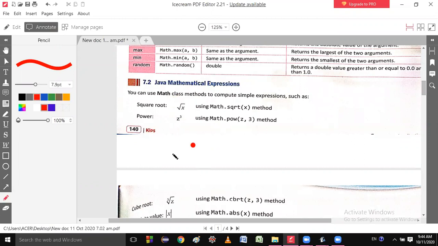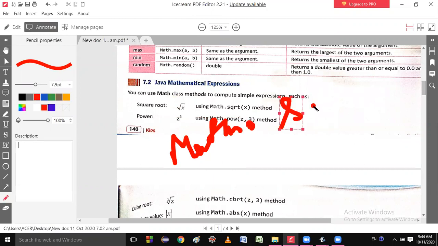You will write Math dot, what is the method? Sqrt, S Q R T, and then a bracket.